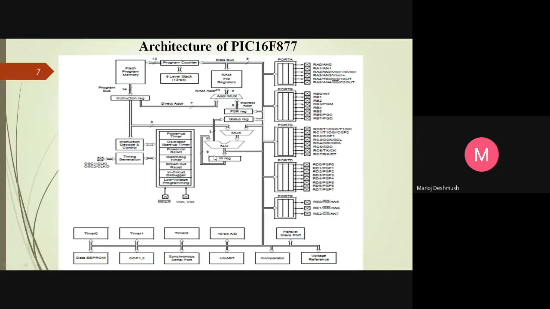The function of the working register is similar to the function of the accumulator in 8051. In 8051, the accumulator is one mandatory field for ALU operations, that is, arithmetic as well as logical operations. After the operation, the result will always be stored in the accumulator in case of 8051.